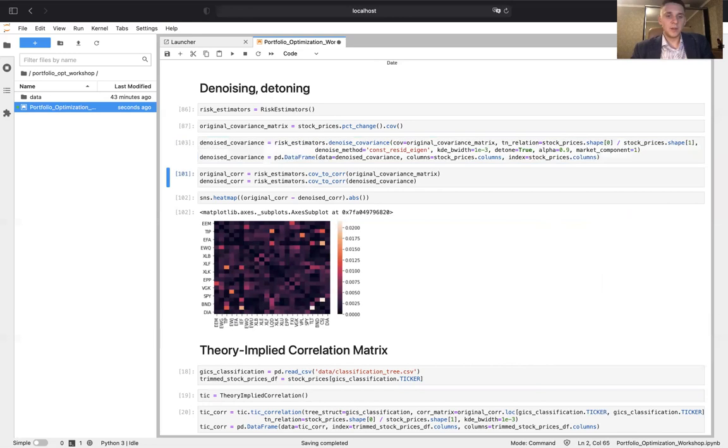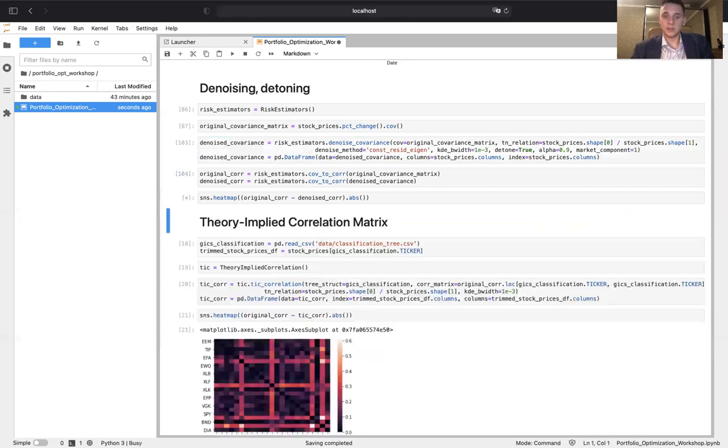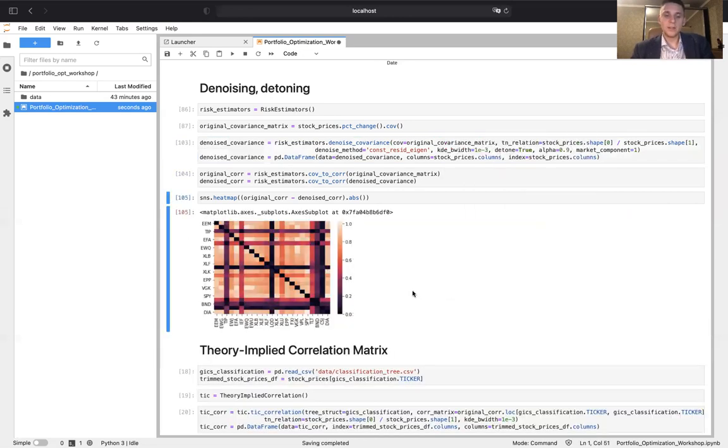And let's take a look at how the correlation matrix changed. Now we can see a massive change in our correlation matrix, because when we extract the first component out of our covariance matrix, we extract so much information from it.